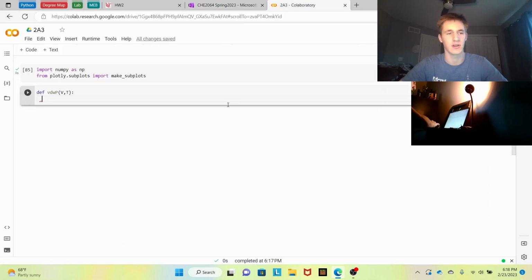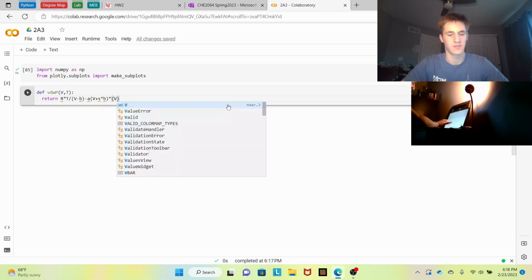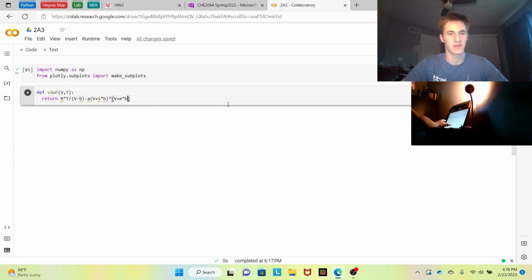So we will return R times T over V minus B, minus A over V plus sigma times B times V plus epsilon times B. All right, and I will surround this entire bottom part in parentheses. Okay, is that correct?